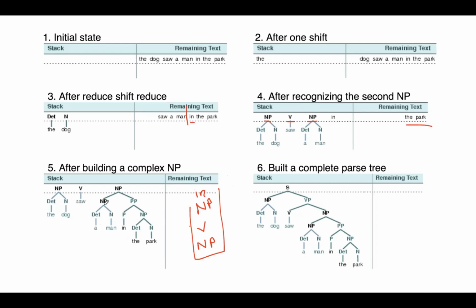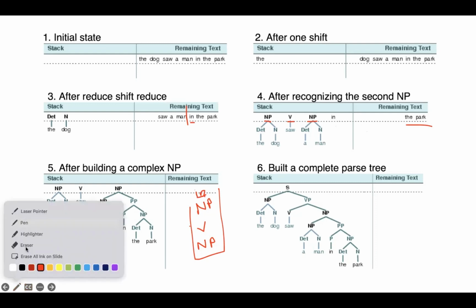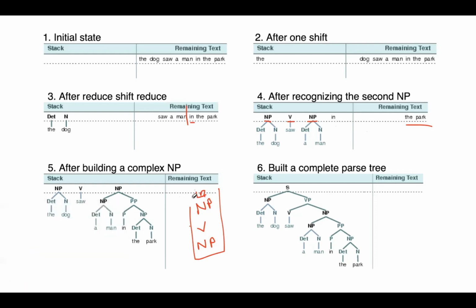We already reduced the determiner and noun to noun phrase, right? In should be taken as a preposition, so you need to remove this in and replace it with P.